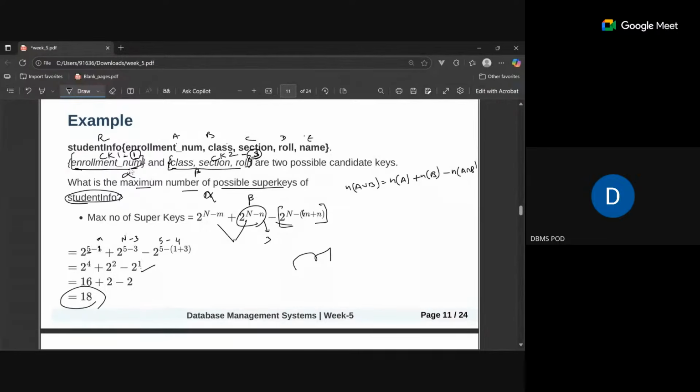But a candidate key can be 2 attributes, 3 attributes, but it should be minimal. Sir, it is a minimal super key, right? Yeah, you can rephrase it like that, because every candidate key is a super key. Yes, sir, got it.